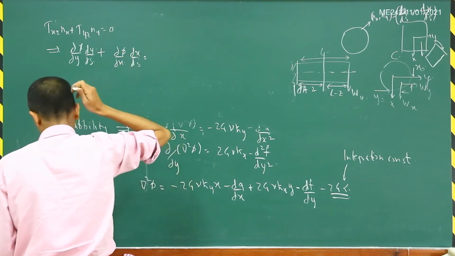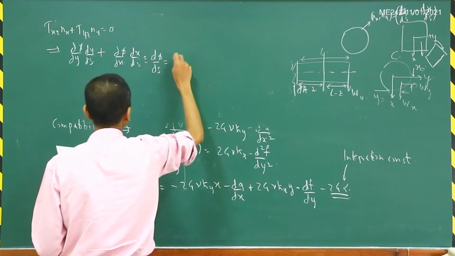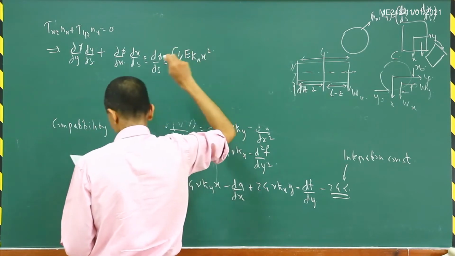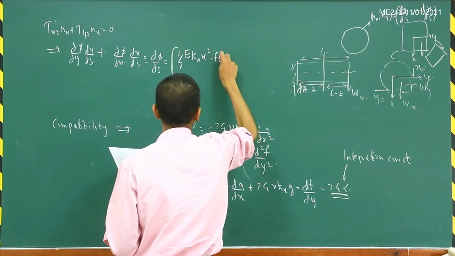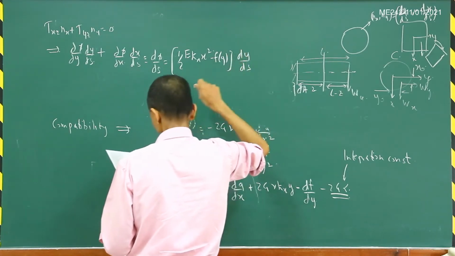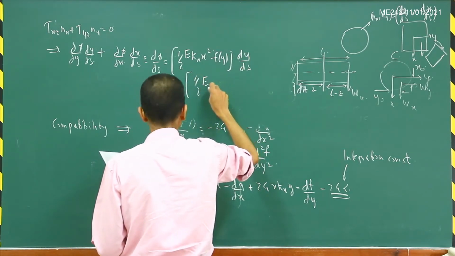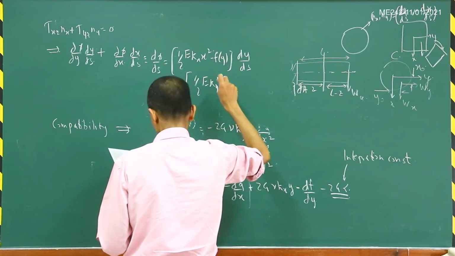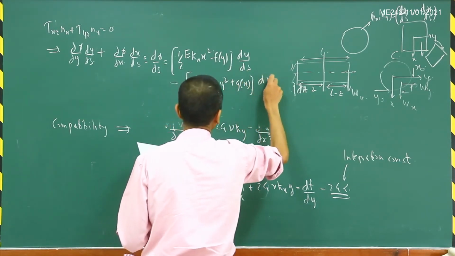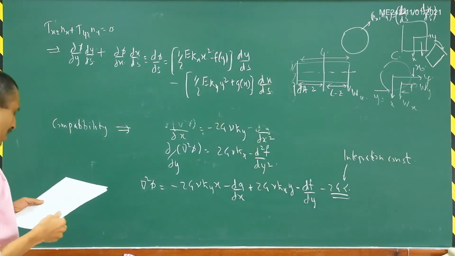That is equal to d phi by ds basically. So d phi by ds is equal to half of E kappa x times x squared minus f of y times dy by ds, minus half of E kappa y times y squared plus g of x times dx by ds. This is the expression that we now have.